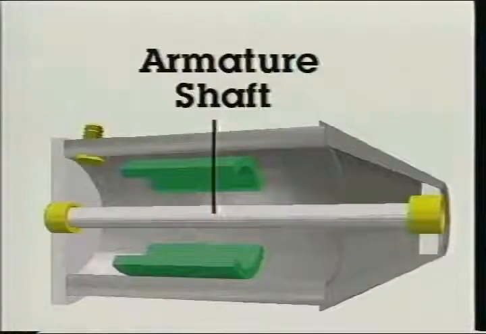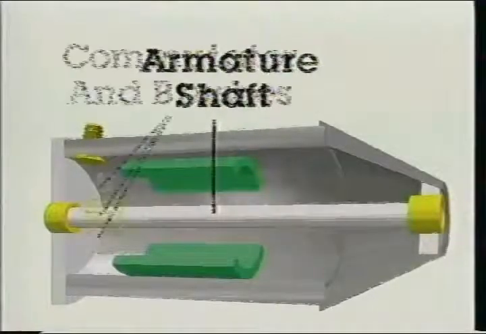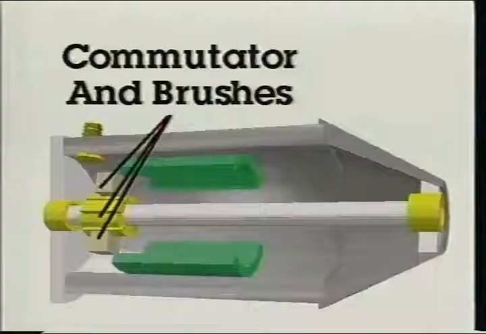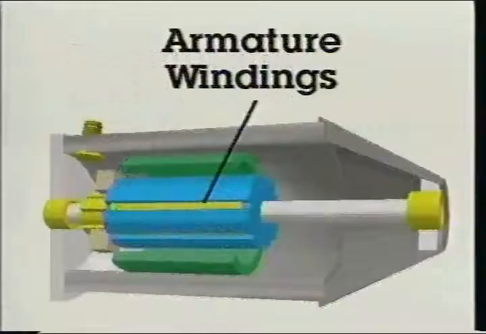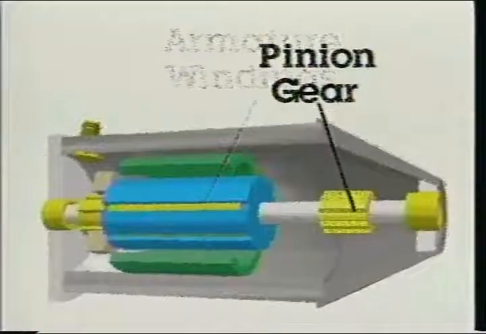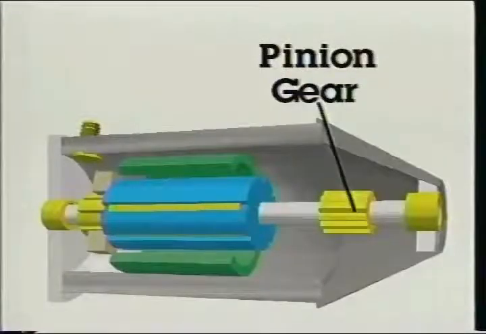The commutator mounts on one end of the armature shaft. The brushes rub on the commutator to produce a sliding electrical contact when the motor is running. Armature windings fit inside a metal armature core mounted on the armature shaft. This produces a very strong rotating magnetic field. A pinion gear is splined onto the shaft for engagement with the engine flywheel ring gear.